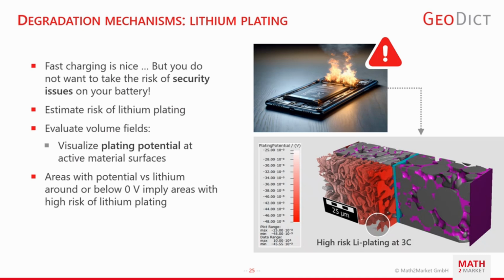Okay, so I showed you different possibilities to look at the details of the three-dimensional simulations of the batteries. And the question is now, okay, how can you perform the electrochemical simulation with GeoDict?